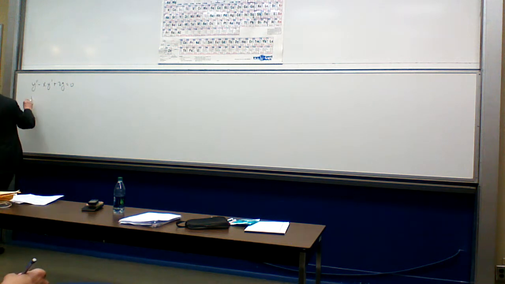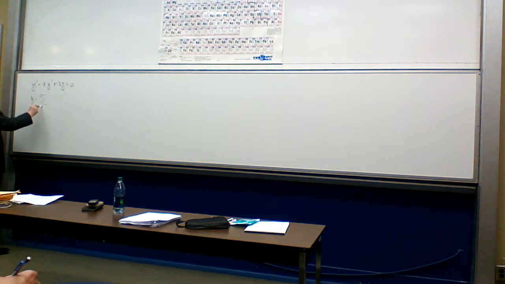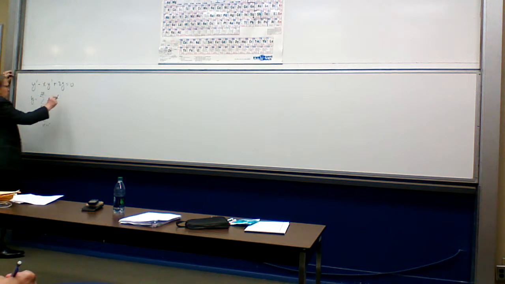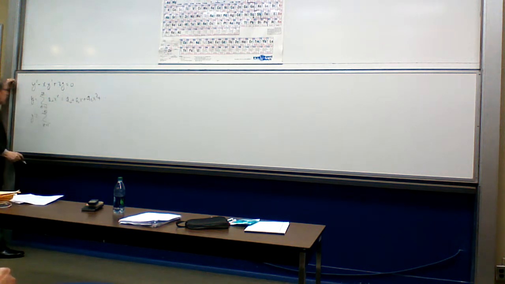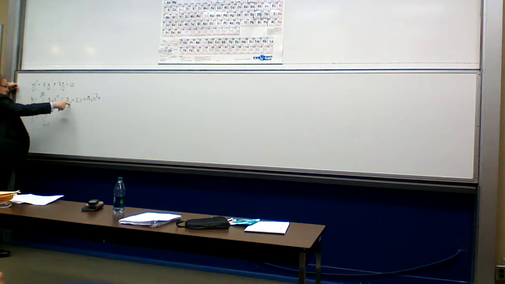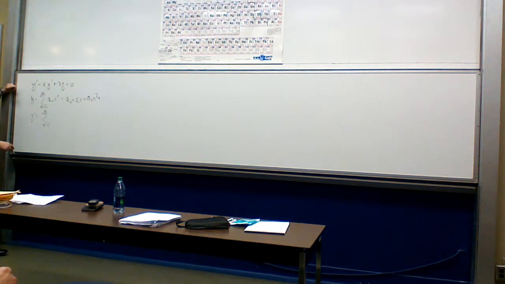Okay, so the idea here is that we look for a solution of the form of a power series, a sub n x to the n. In particular, this of course is a0, a1 x, a2 x squared, and so on, so that when I take the derivative, the constant term goes away, the index drops to 1.